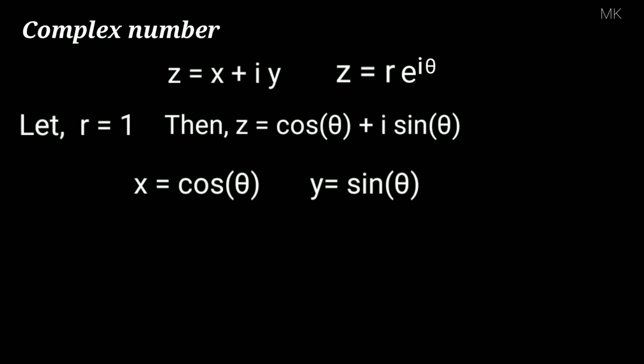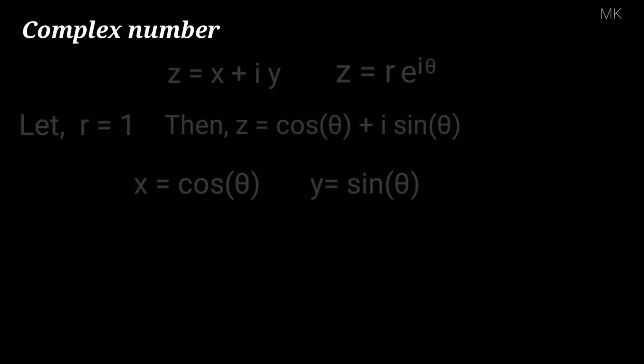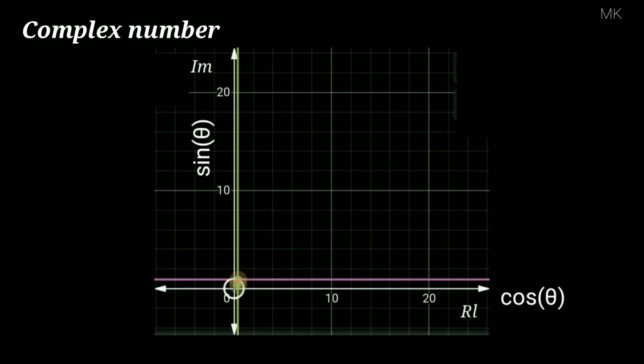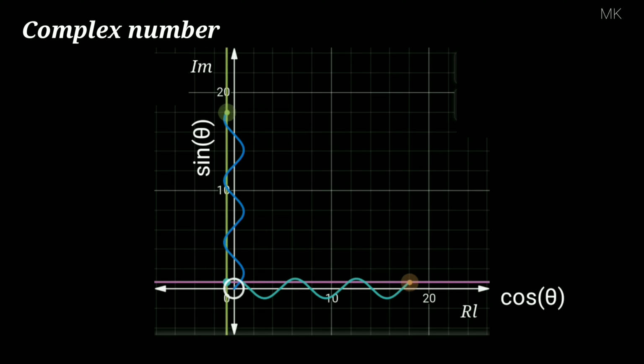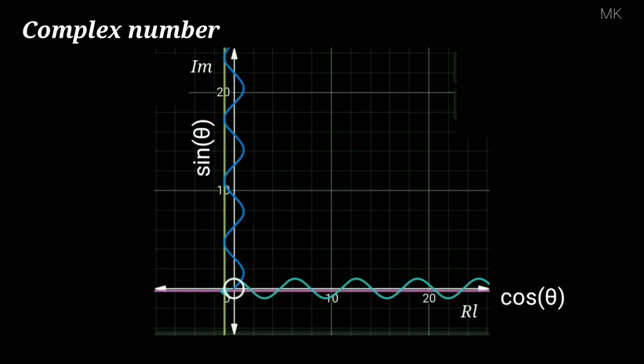Okay, let's plot them and see what the resultant will be. Look at that. The resultant is a circle, and since we have taken r is equal to 1, it is a unit circle. But it is revolving in a clockwise direction, which in physics we call the negative direction.